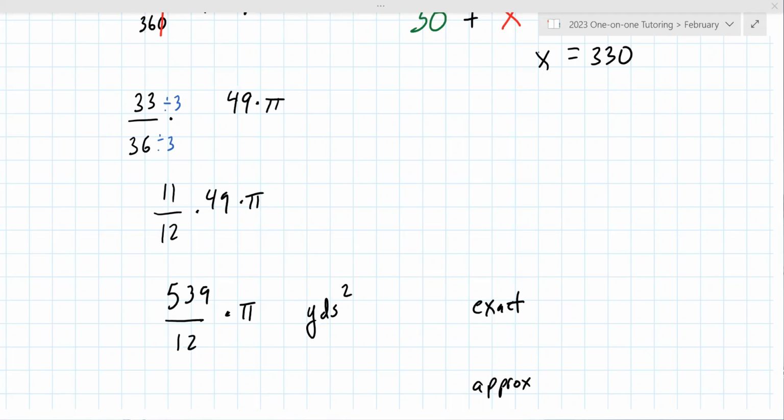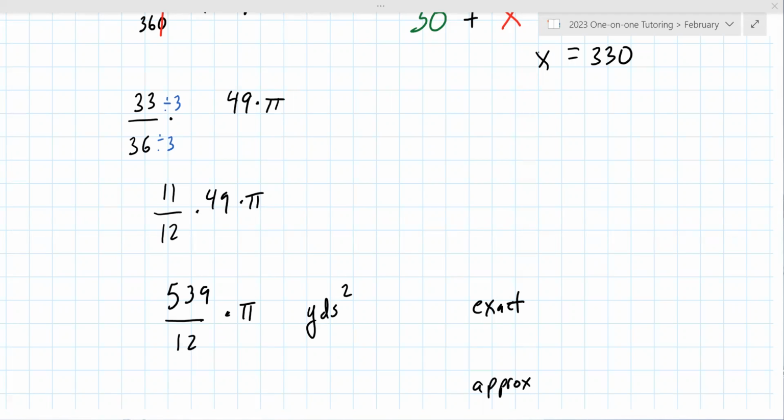Let me do that. Okay, got the answer. 141.0174.